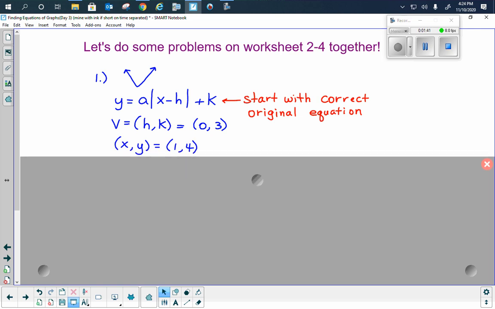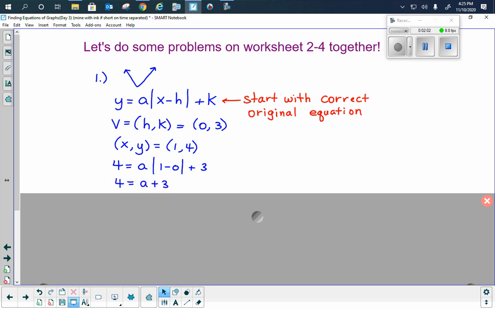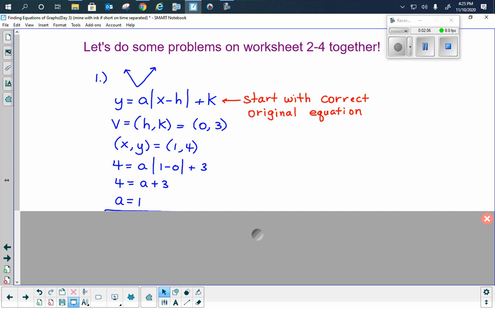Now, that original equation had 5 variables: y, a, x, h, and k. You've got 4 of them. Fill in everything except for the a, very carefully. Solve for a. That'll take a couple of steps. a should be 1.